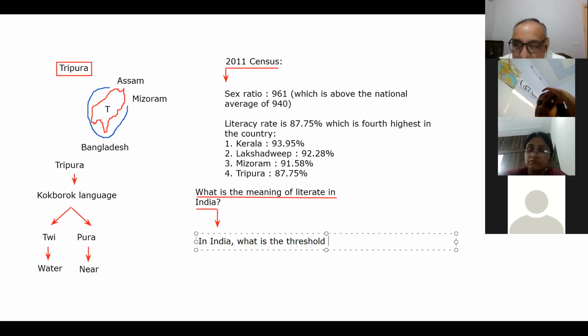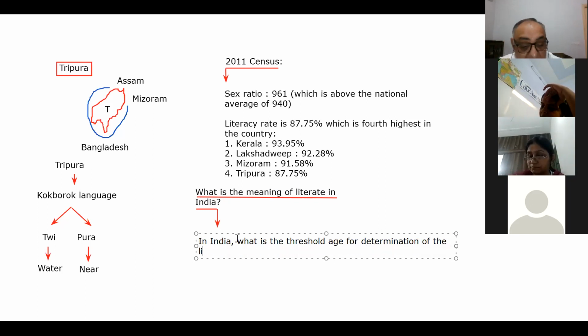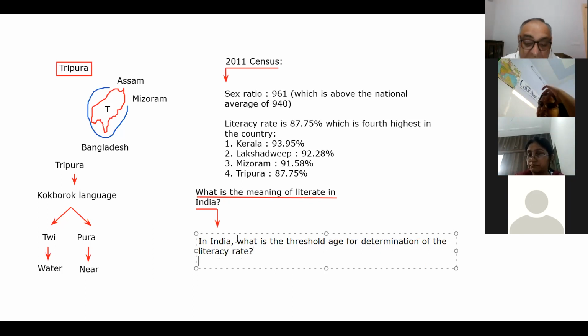They cannot read or write. So in India, what is the threshold age for determination of the literacy rate? We keep an age such that people above this age are checked on whether they are able to read or write.